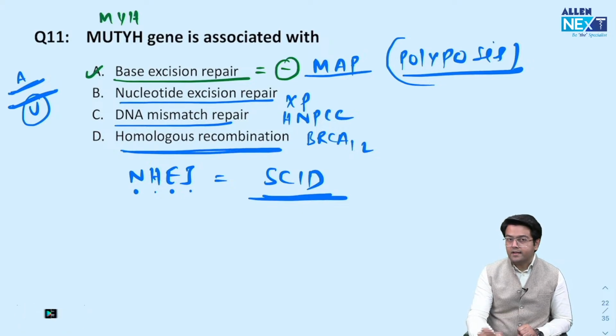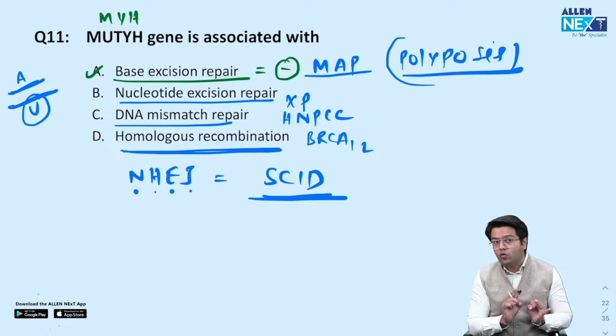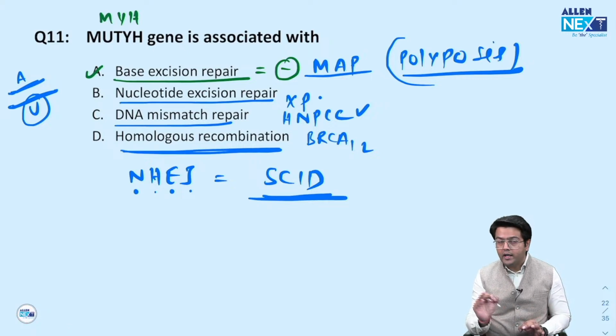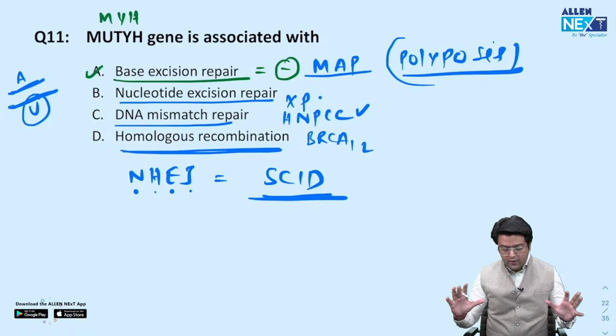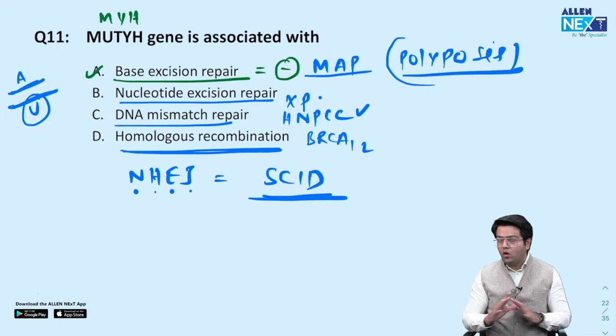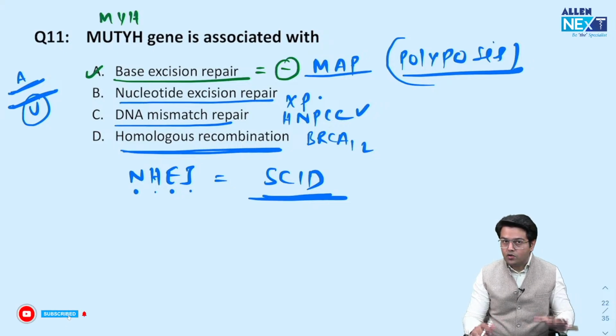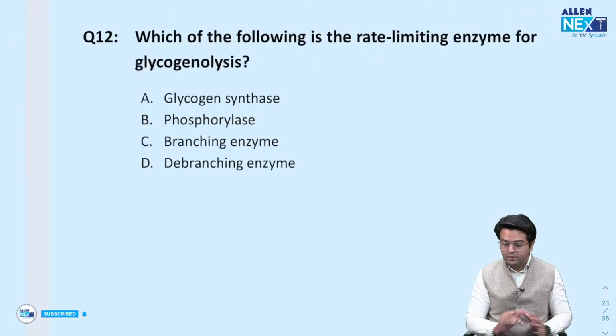Homologous recombination disorders are familial breast and ovarian cancer. This is hereditary non-polyposis colon cancer for mismatch repair, and xeroderma pigmentosum for nucleotide excision repair. So guys, all 5 points that I told you are important, right? Okay, fine, because these are disorders linked with DNA repair, right?